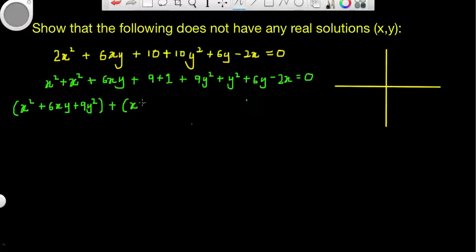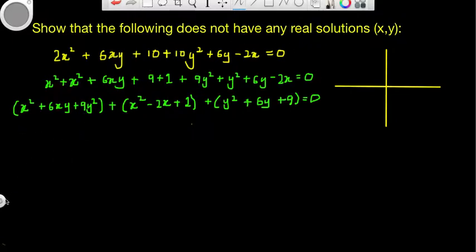Then we can write this as x squared minus 2x plus 1, and the last bit of the equation as y squared plus 6y plus 9. So now we've taken this equation and written it as the sum of 3 perfect squares. Since these are perfect squares, we can write them as their factors.